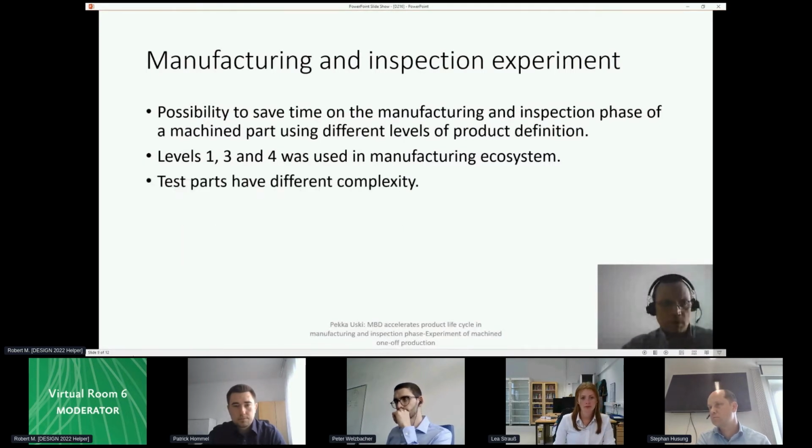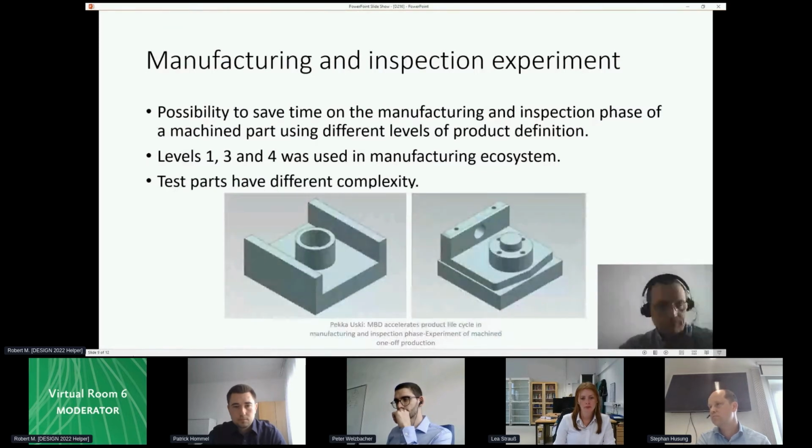Our test parts have different complexity, and here we can see 2 kinds of parts which have a different number of manufactured features.